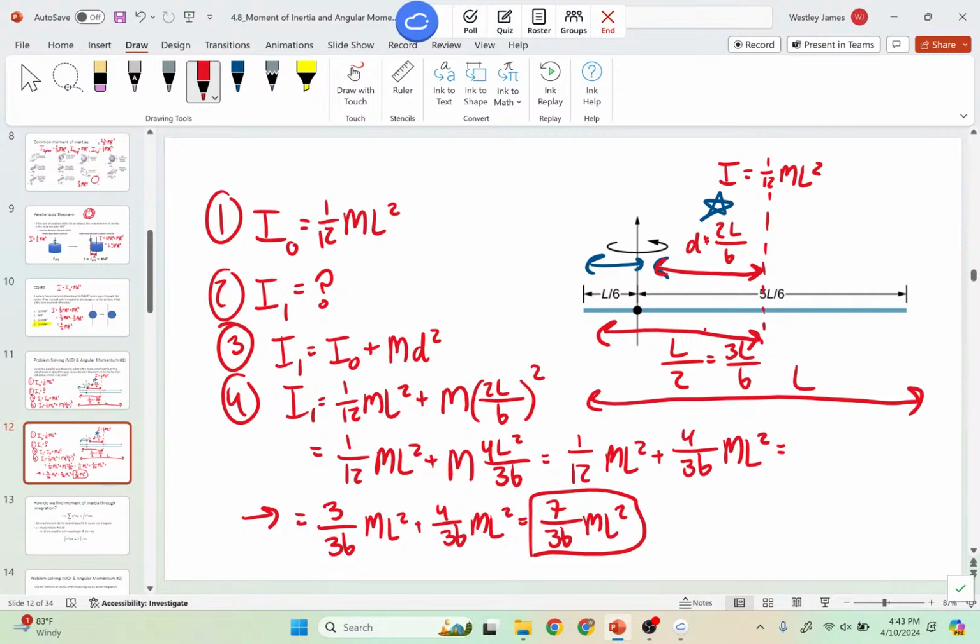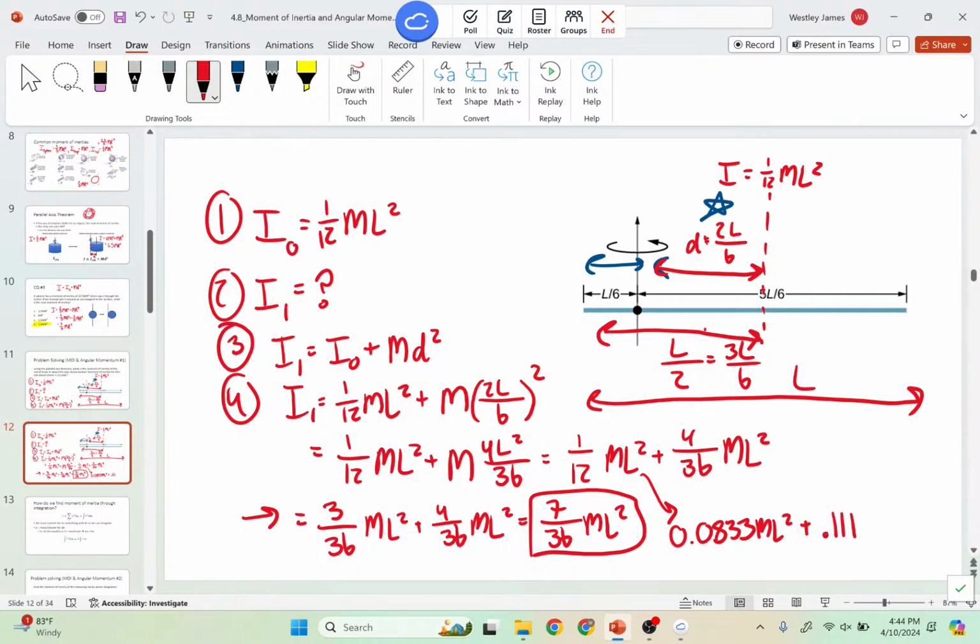So 1 over 12 is 0.0833 ml squared. That is not going to be enough room. 0.0833 ml squared plus 4 divided by 36 is 0.111111.